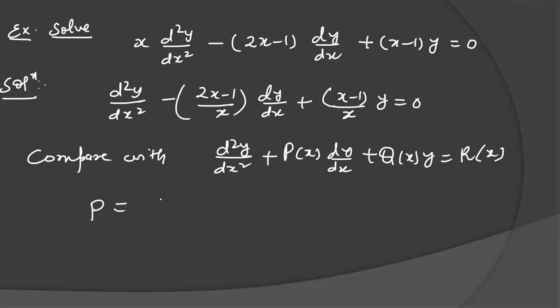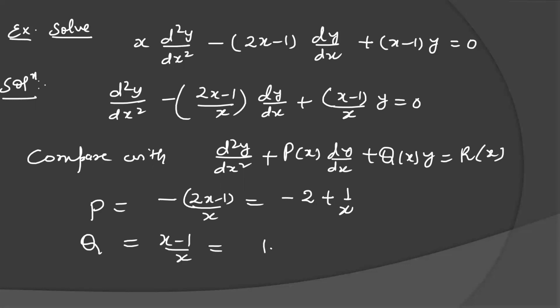Your p is minus (2x minus 1) over x, that can be simplified to minus 2 plus 1 by x. Your q is (x minus 1) by x, that is 1 minus 1 by x, and your r is actually 0 here.